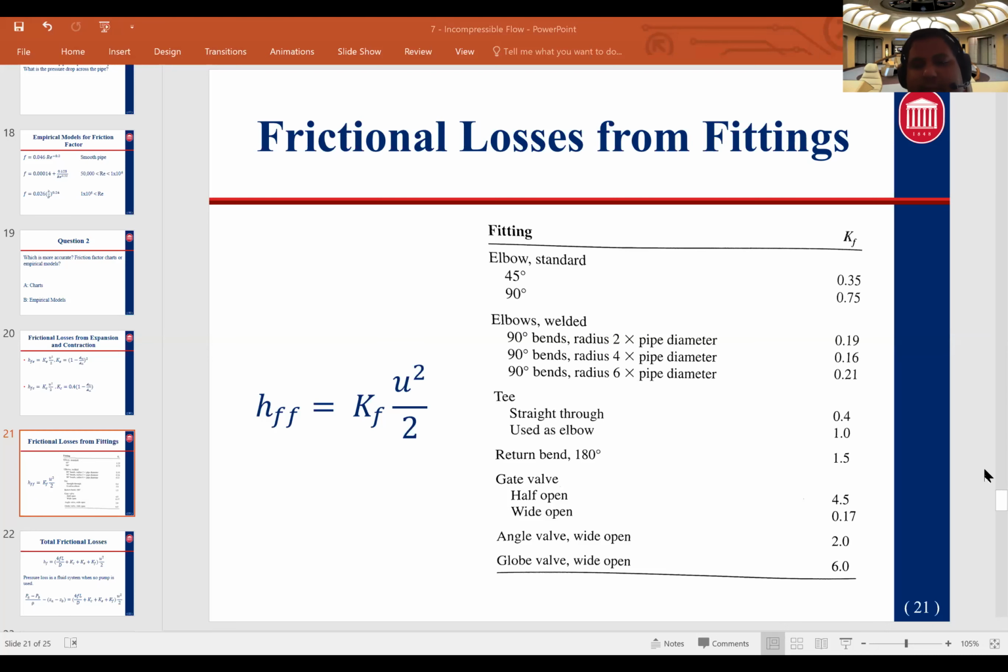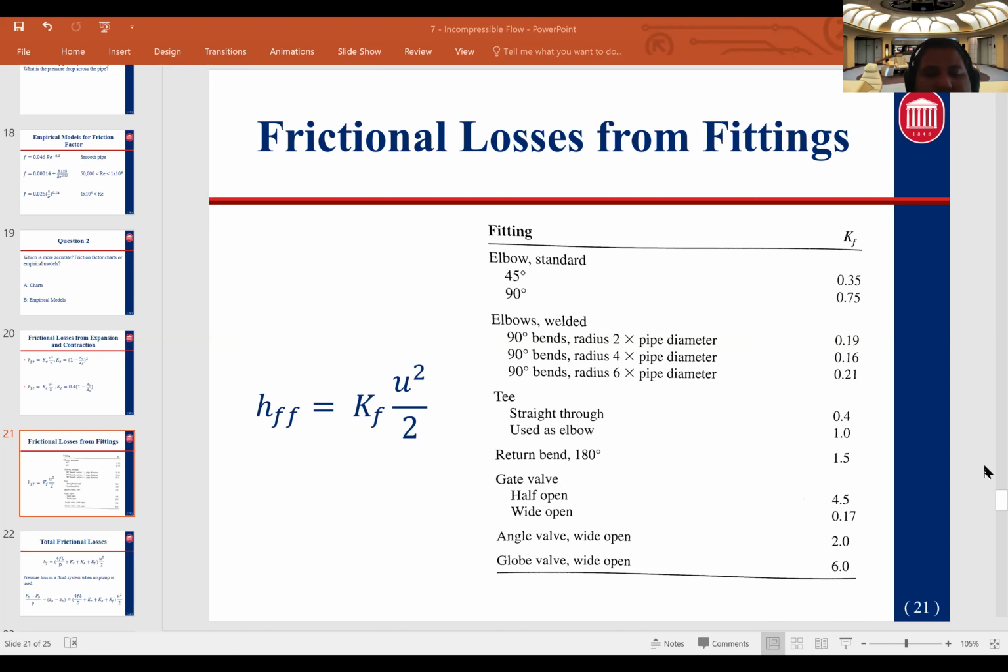And so, depending on the type of fittings, the type of valves, we can estimate the total fitting loss in any flow system, primarily just by summing up all the fittings that exist within our system. So if you've got 12 T's, 15 elbows, 3 return bends, you just essentially sum them up, multiply by the kinetic energy term, and you're left with your total energy loss due to the fittings present in your flow system.